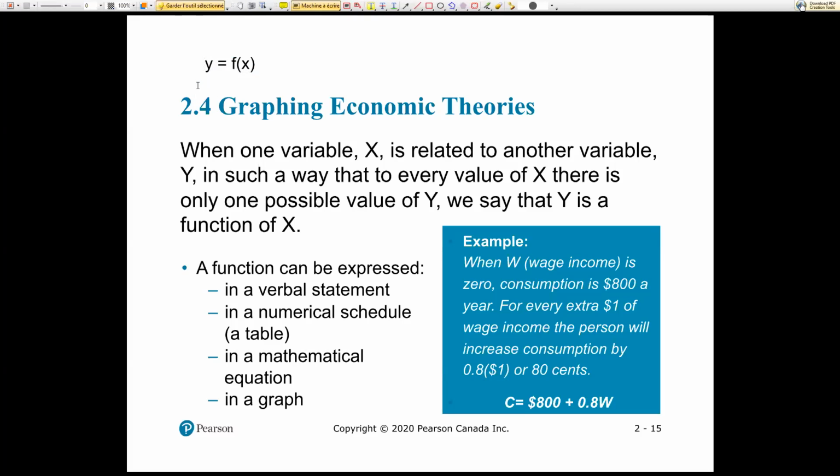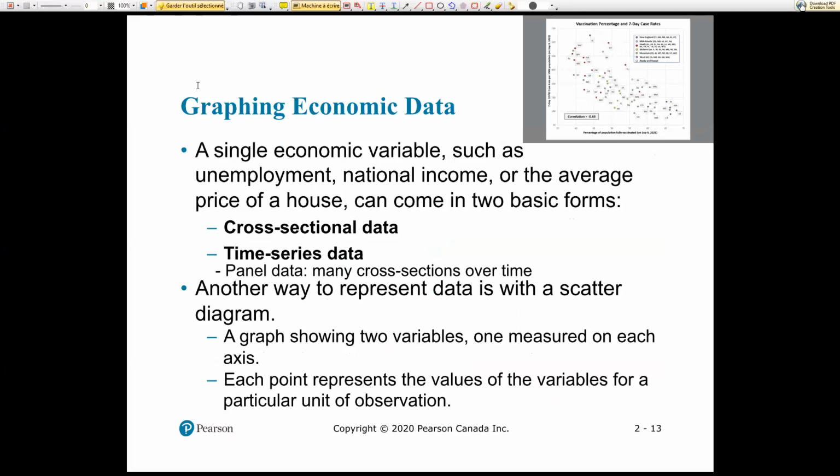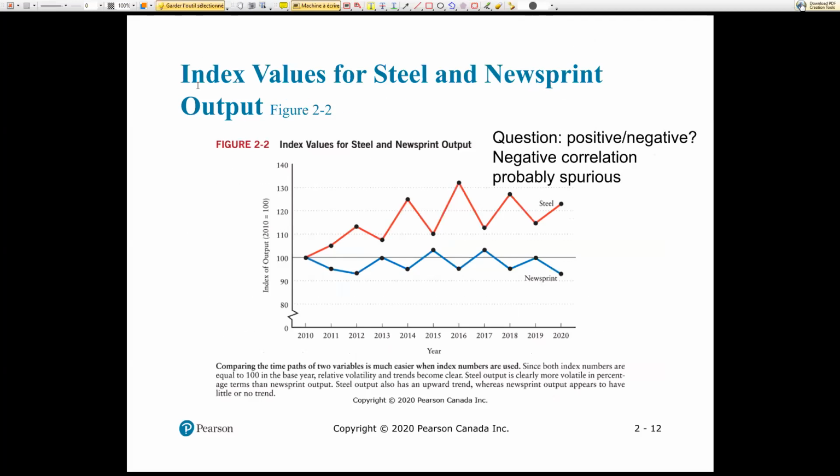Just to see if you understand what's going on, for instance, if you don't care about steel, just look at newsprint. Would you see that the output in 2010 is a function of year for newsprint? Yes, because there's one value for every x value.